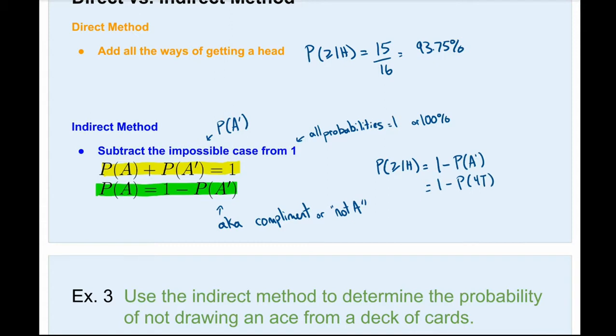That's the only outcome. And if we go back to our table, there's only one outcome where we can get 4 tails. 1 minus 1 over 16 equals 15 over 16. So that's the indirect method. Right? It's a lot easier sometimes in some cases, depending on what we're looking at, to figure out the complement, or not A, rather than the probability of A.